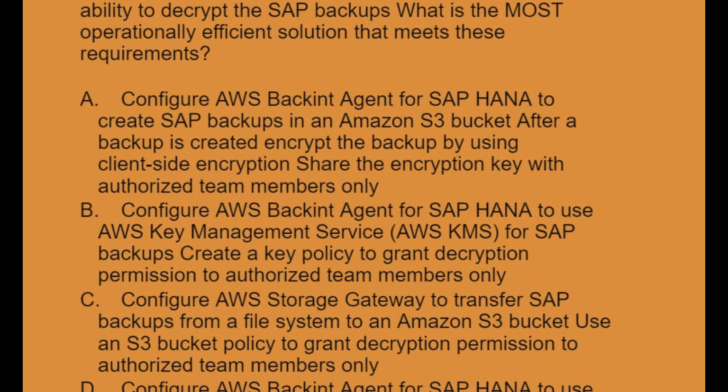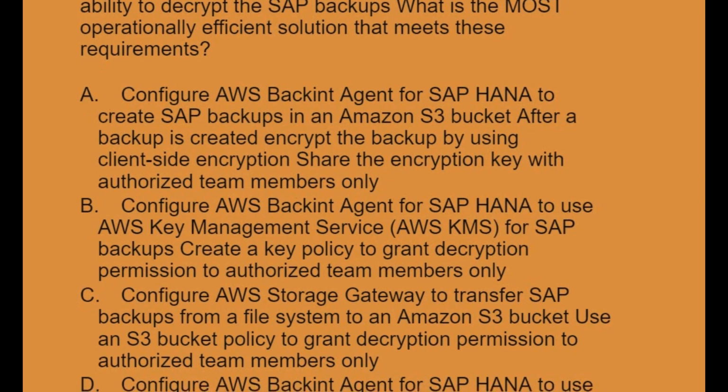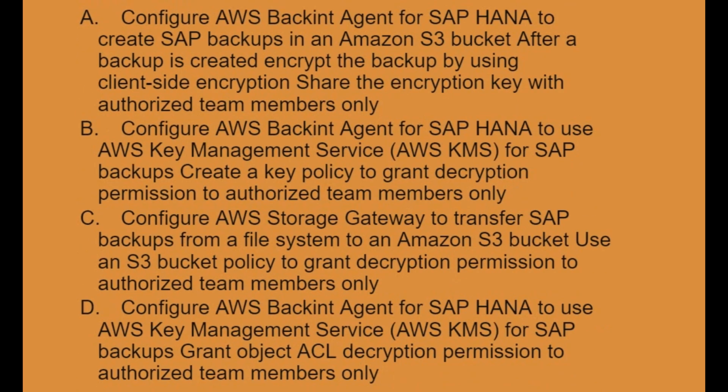Option B. Configure AWS Backint agent for SAP HANA to use AWS Key Management Service AWS KMS for SAP backups. Create a key policy to grant decryption permission to authorized team members only. Option C. Configure AWS Storage Gateway to transfer SAP backups from a file system to an Amazon S3 bucket.